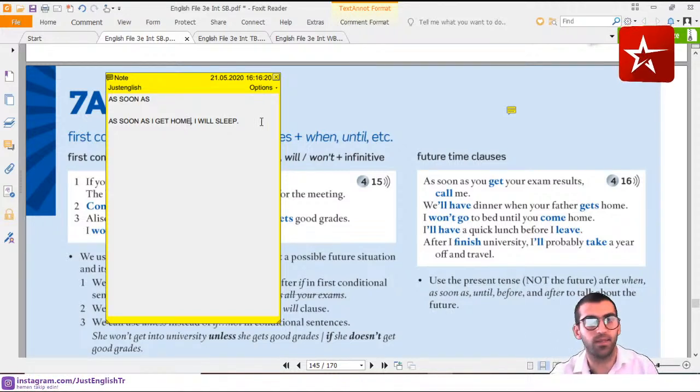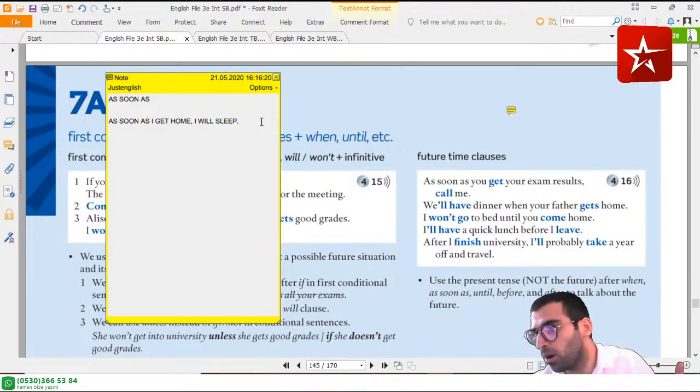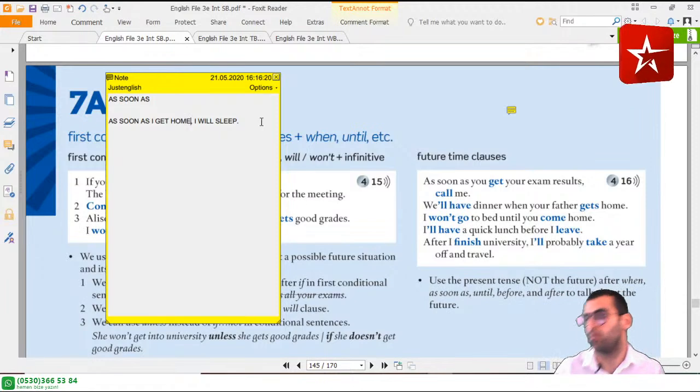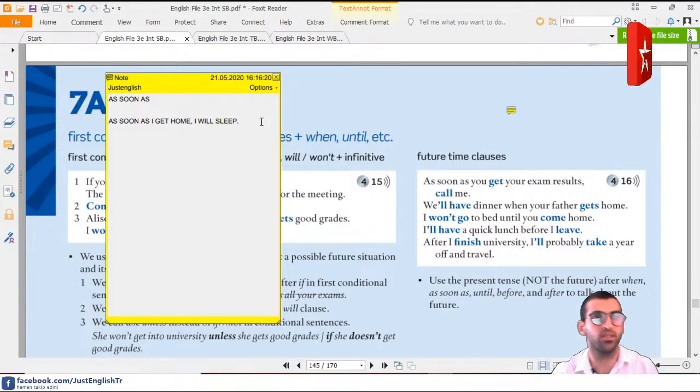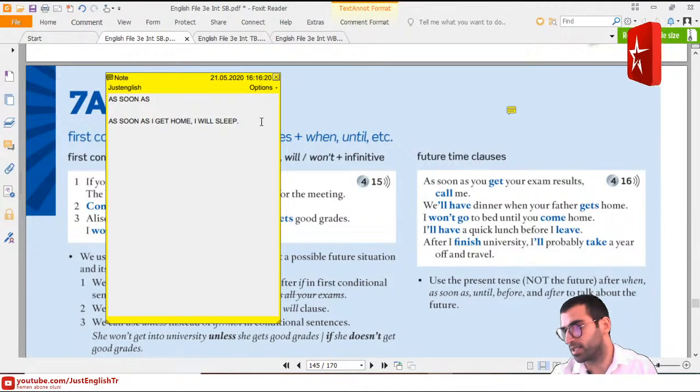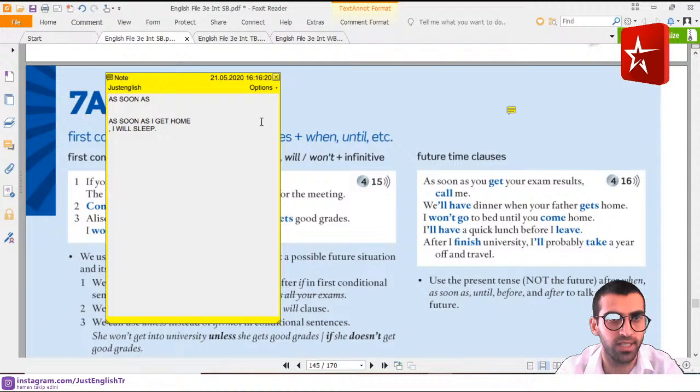It means, like, if I get home early, we can use as soon as instead of if to show the conditional sentence. As soon as I get home, I will sleep. Okay, and also you can say if I get home, I will sleep. Yes. All right, and next sentence.